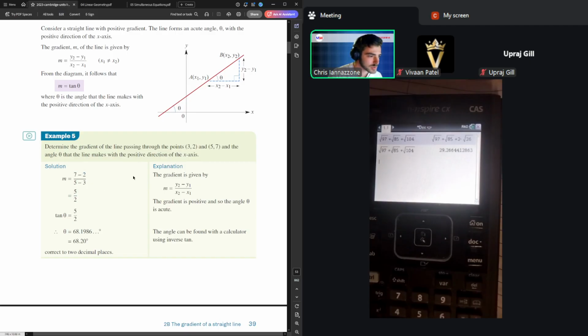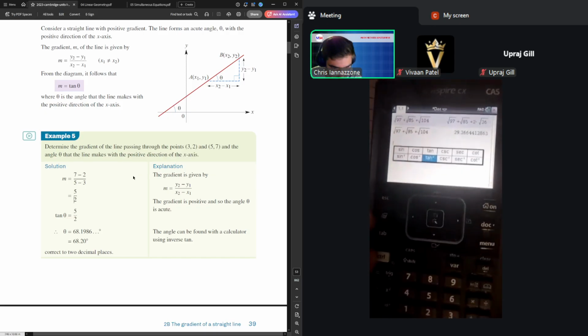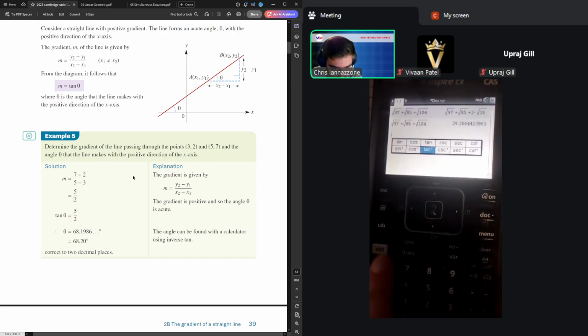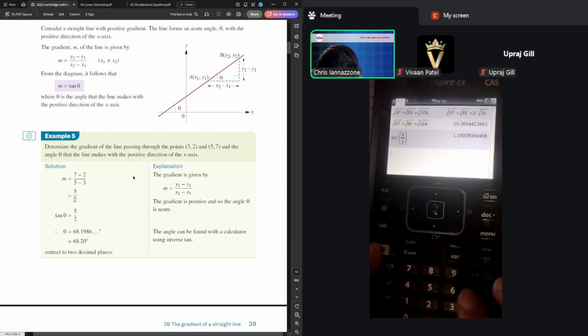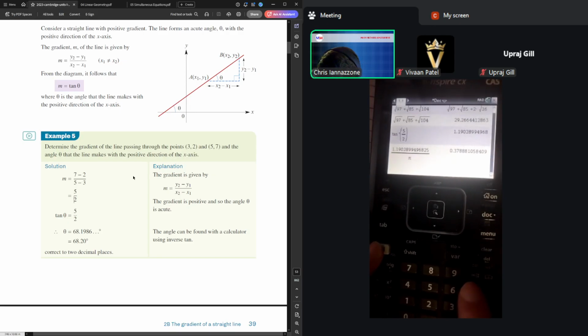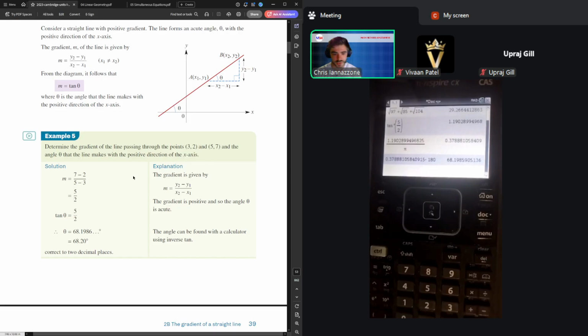You do that calculation, you get your gradient. If we go ahead and do tan inverse, which is located on this CAS in the trig button here, you put in that number that we just calculated, or the book did for us, and mine's in radians, so let me just convert that to degrees real quick. I divide by pi, and then times 180. That gets us to the 68-ish degrees for that one.